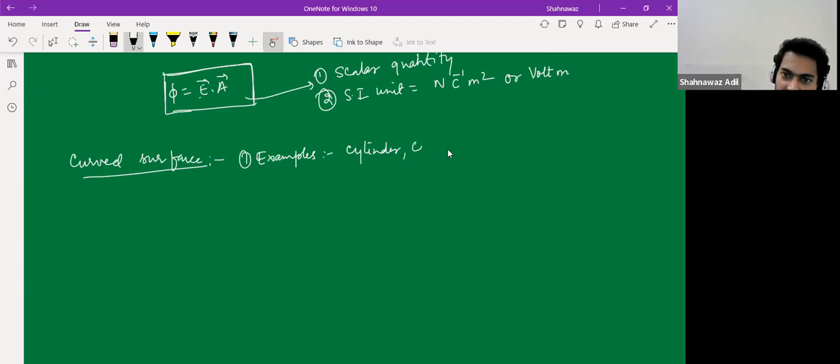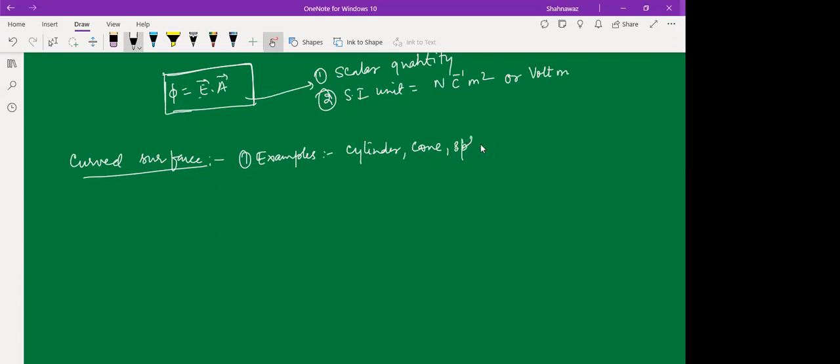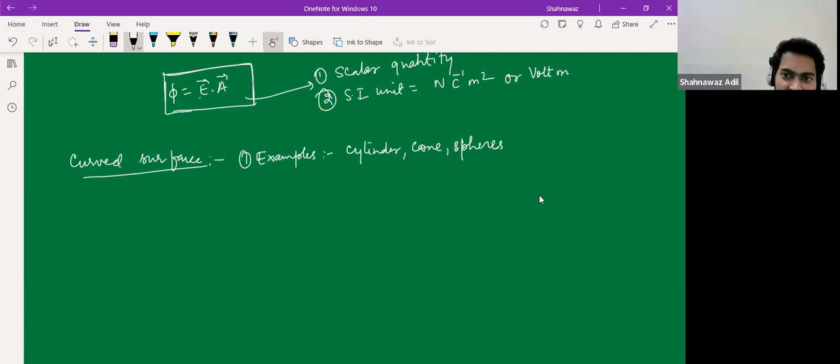And you have seen other examples regularly. You see apples, not perfect apples, footballs and something like that, right? Those are spheres. So spheres are also examples of a curved surface.